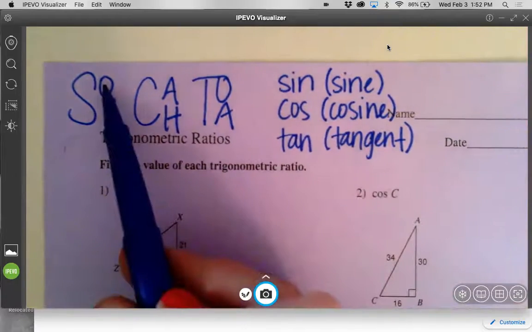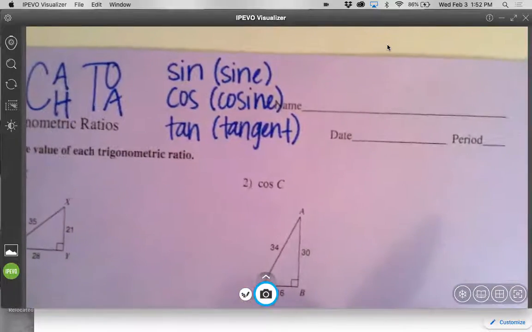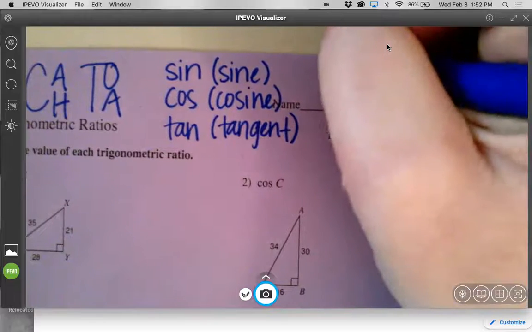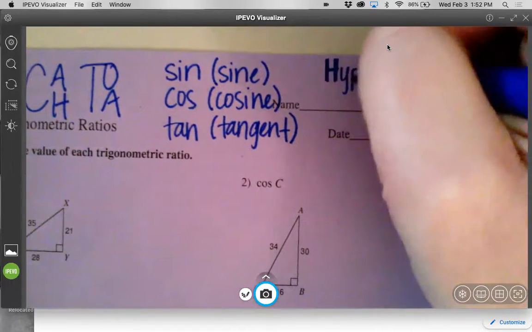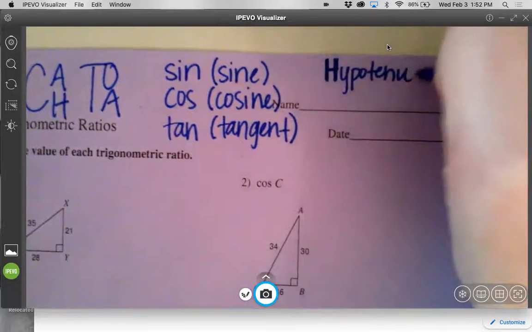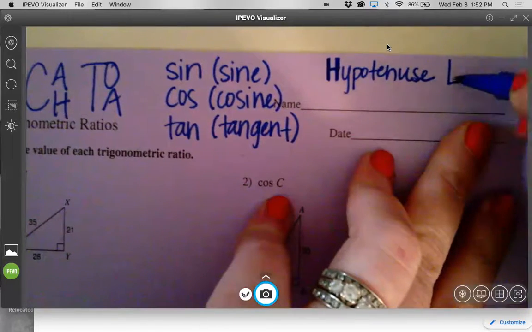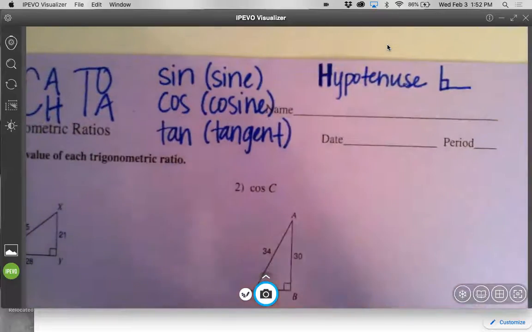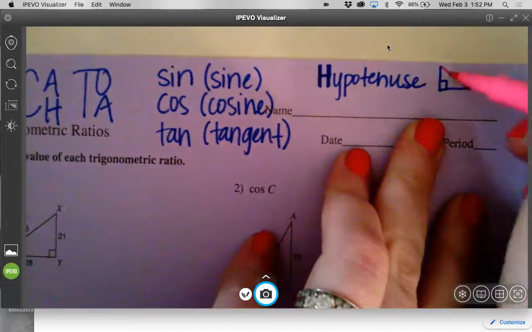The other parts, the O and the H and the A, they come from parts of a triangle. So the H is what we're going to start with. The H stands for hypotenuse. And the hypotenuse, if you will remember from middle school or from last week when we were talking about altitudes in right triangles, the hypotenuse is across from the 90.